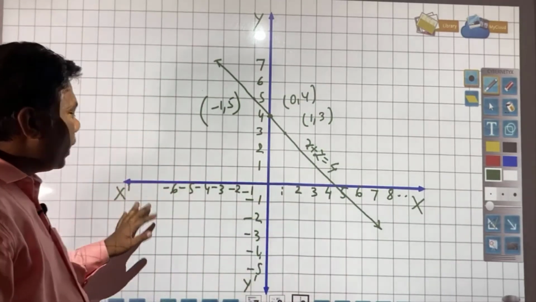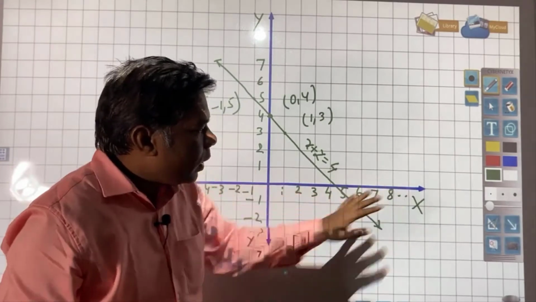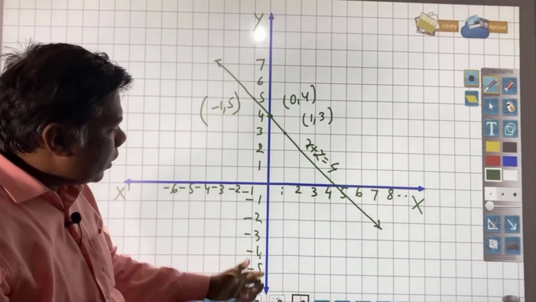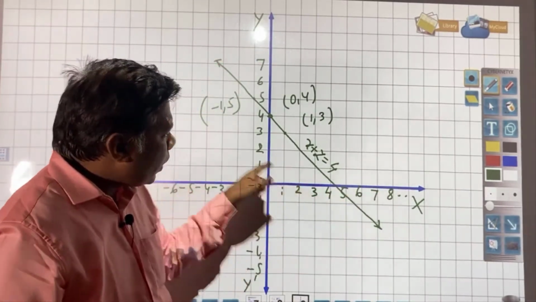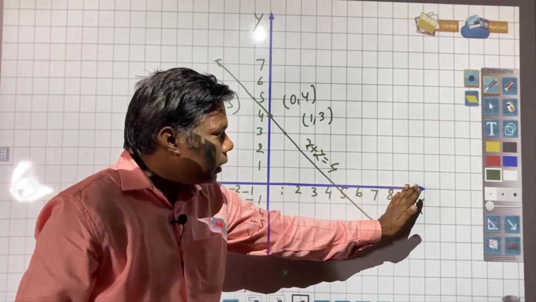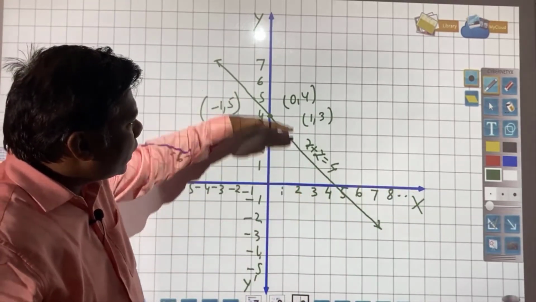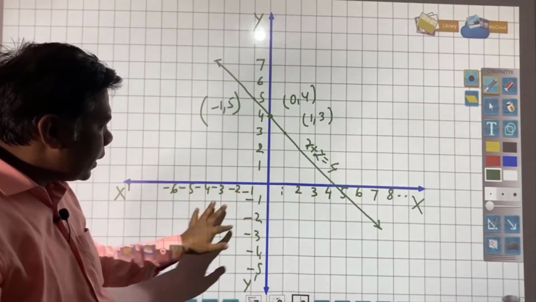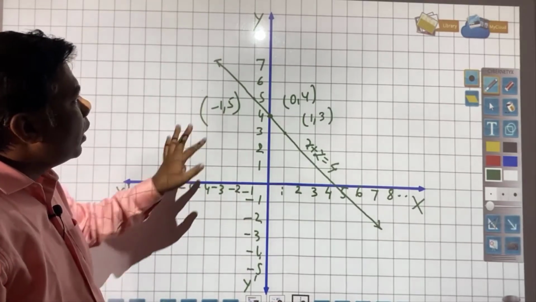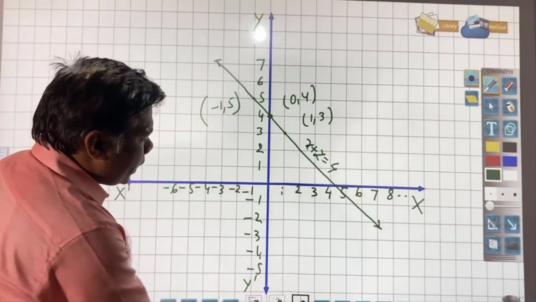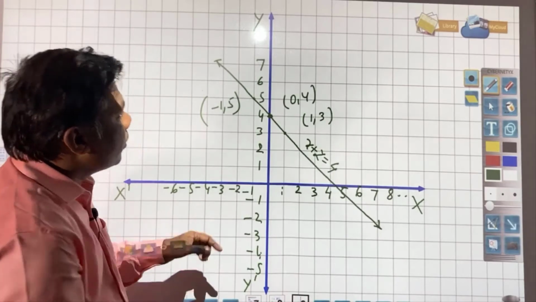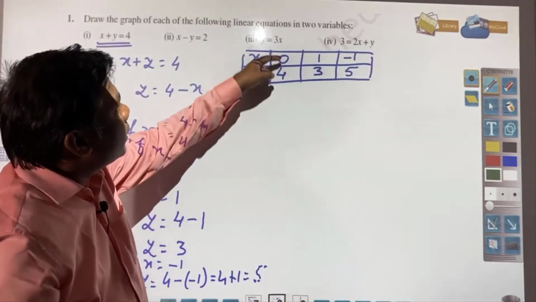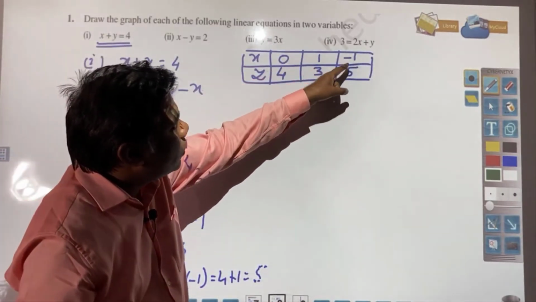So what has been done? Horizontal line is required to be drawn, vertical line is required to be drawn, number is required to be put, right side positive, above the horizontal line again this is positive and this side negative numbers will be having. Coordinates are required to be seen. Suppose you have coordinates x and y, this 0, 4, 1, 3, -1 and 5.